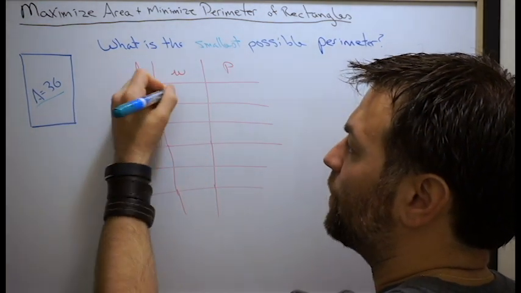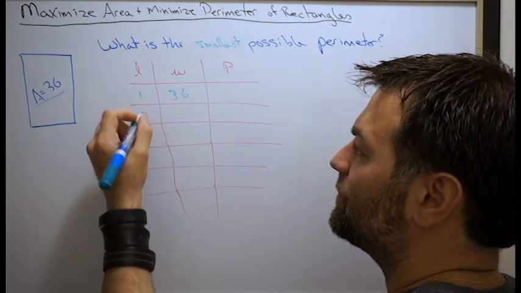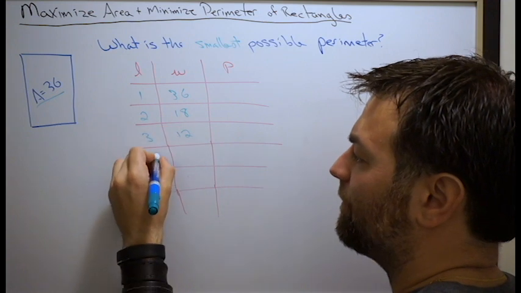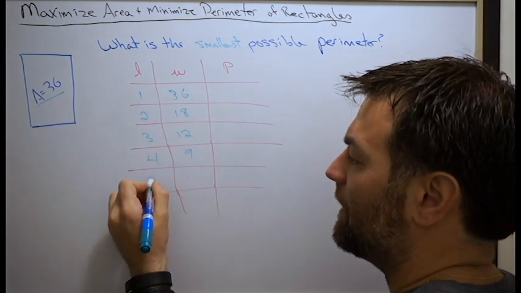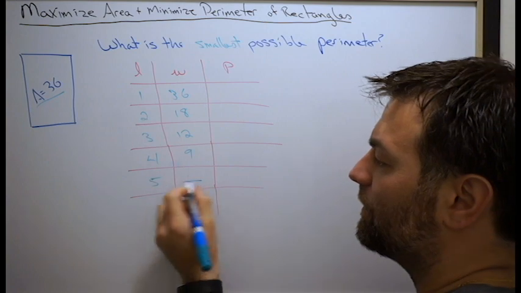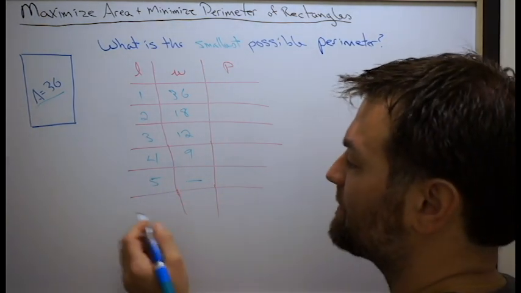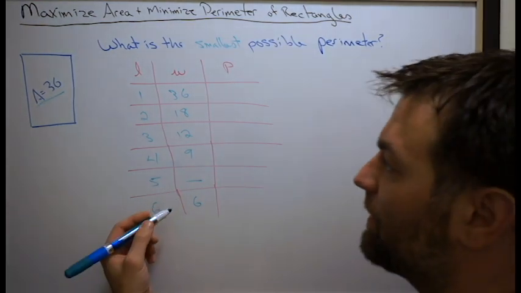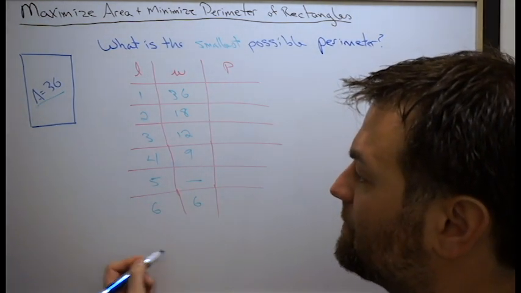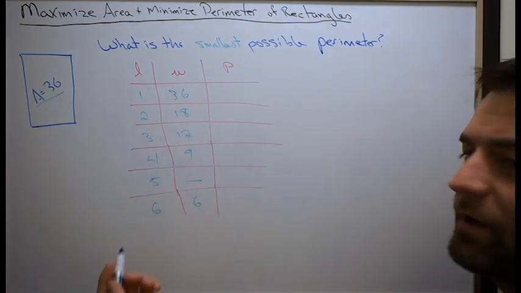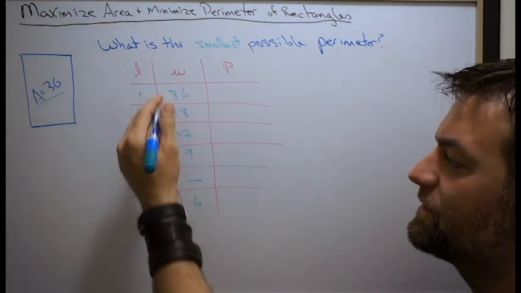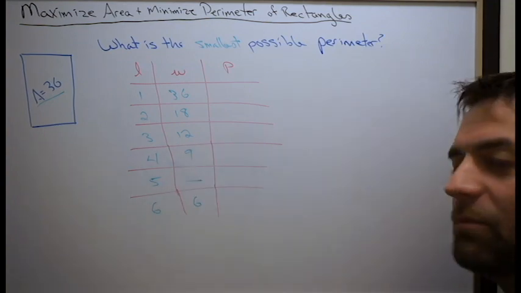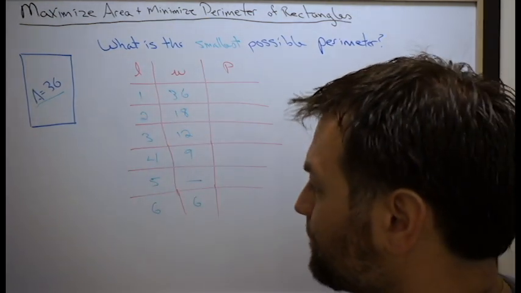So we could do 1 and 36, 2 and 18, 3 and 12, 4 and 9. 5 doesn't work with a whole number; there's a decimal there, so we're going to skip that one and just go 6 and 6. Then we can continue with 7 and such that will be decimals, but we're just going to reverse this table, so we'll have 9, 12, 18, 36, and then it'll be all reversed. So it's the same pairs of numbers.